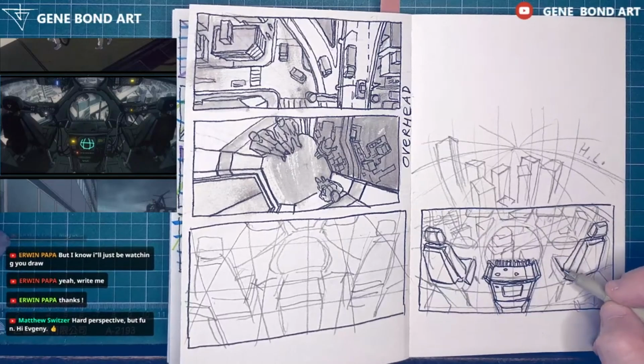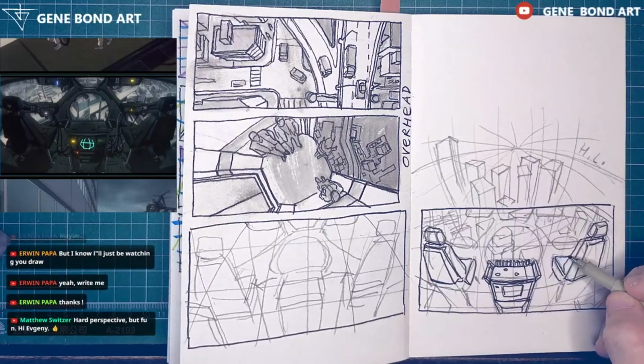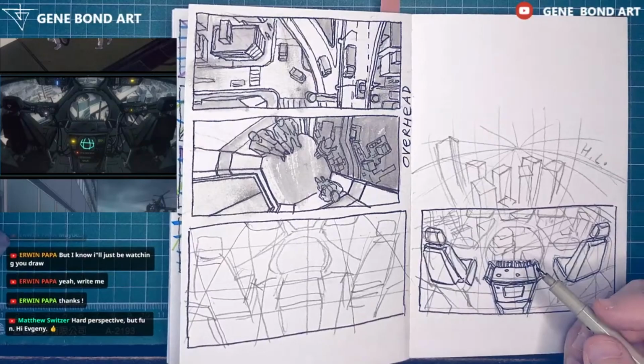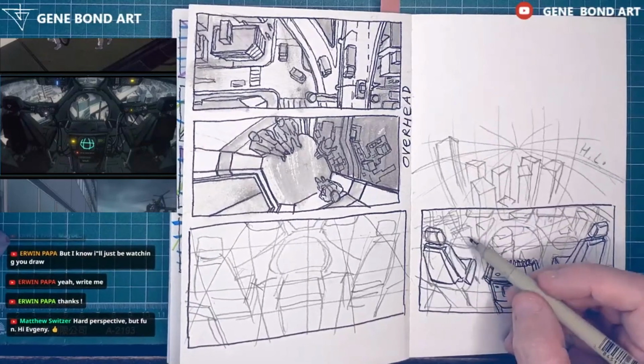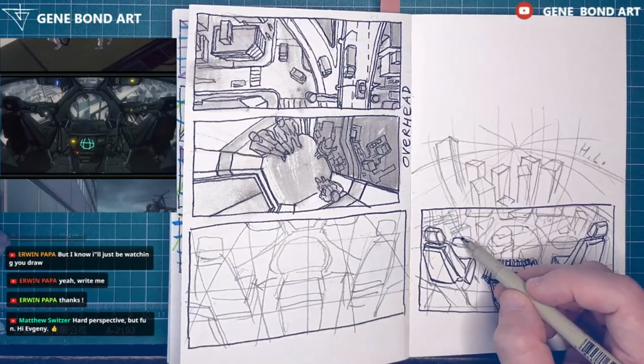And if you are able to simplify it and see it as a box, then you just need to figure out space and put this box in this space.